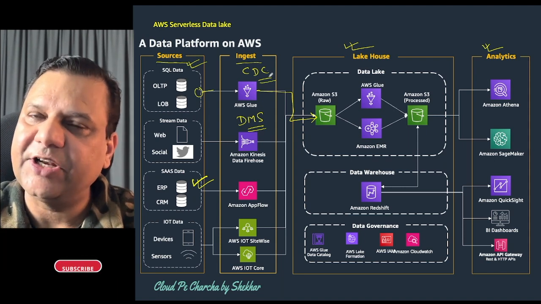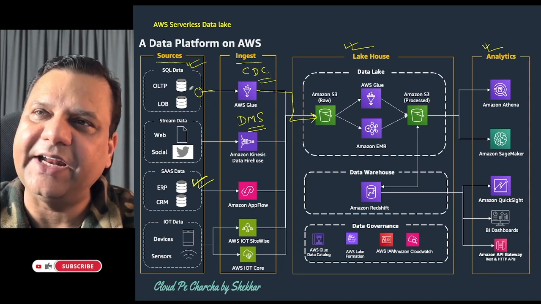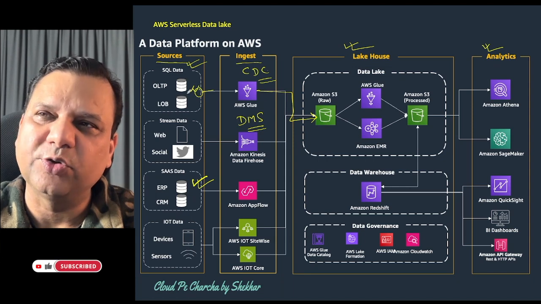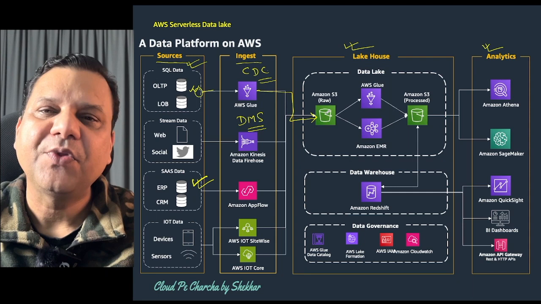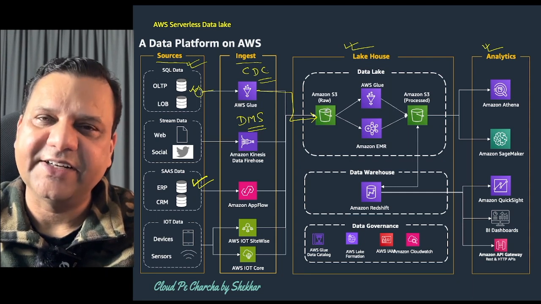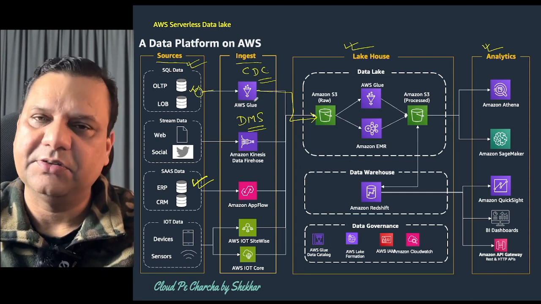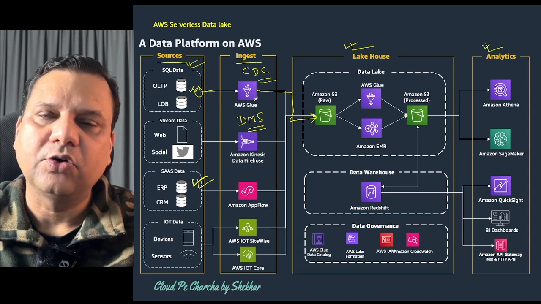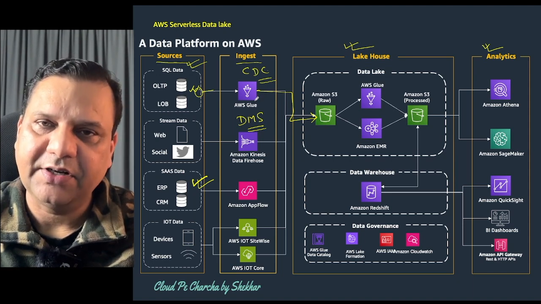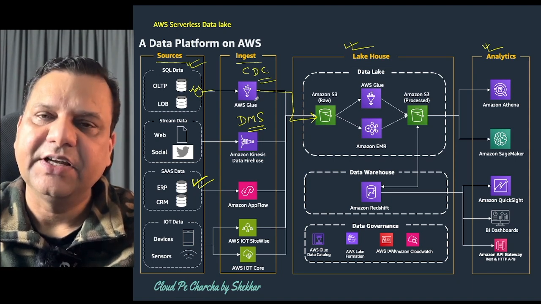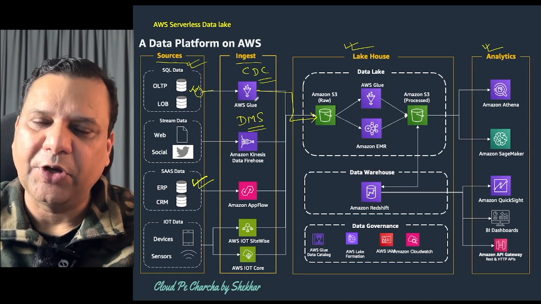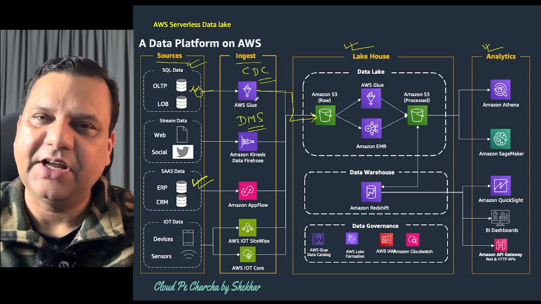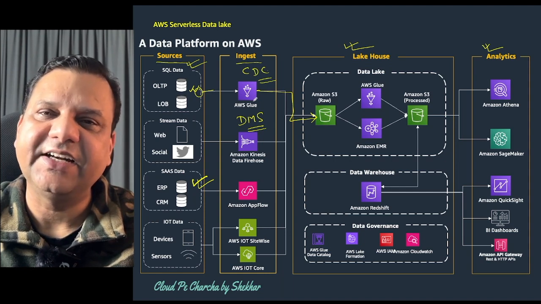If that is the scenario, that as soon as any update is happening on the source side, the same changes need to be reflected into the data lake side or a target side. In those scenarios, generally I would prefer to go with DMS, but DMS is not serverless. It's a managed service but not serverless. You have to procure an EC2 virtual machine, and on top of that it is getting deployed there.